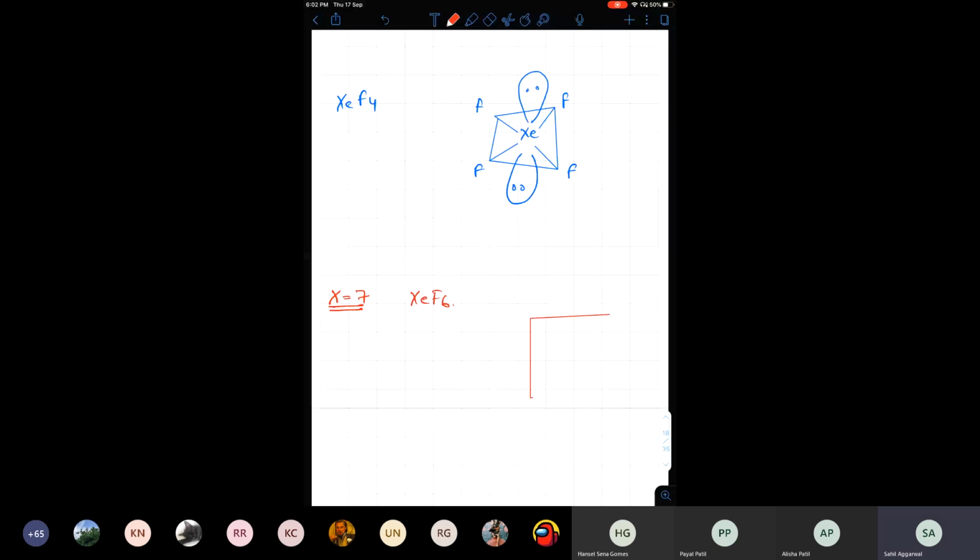You have to make x equal to 6 first, and one lone pair also.